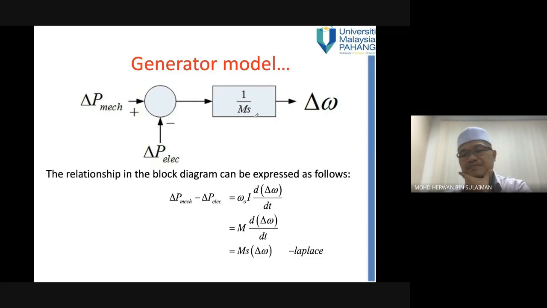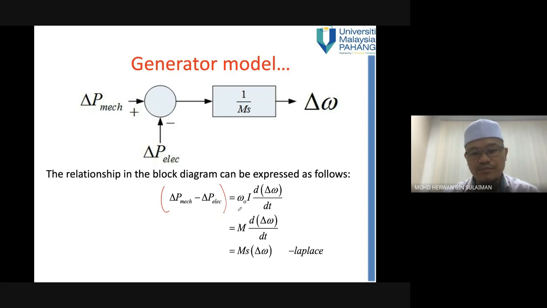If you remember Laplace, the output here will be delta omega. So from this model, basically we can express the equation where delta Pmac, because this is plus and this is minus, so plus minus. Okay, that's why you get this value.